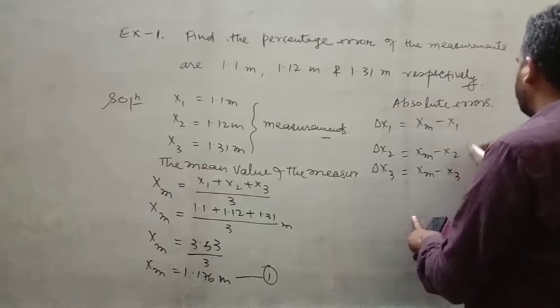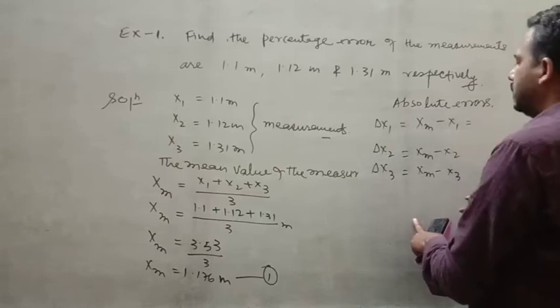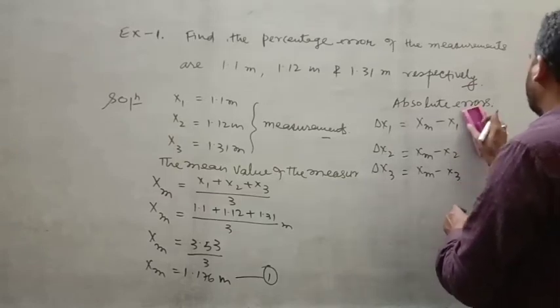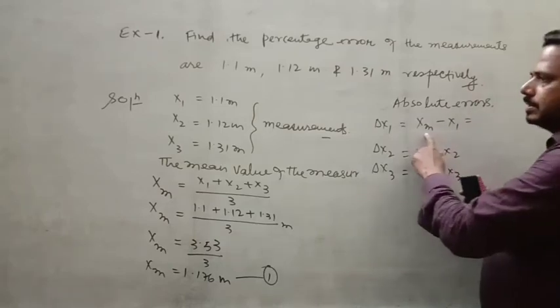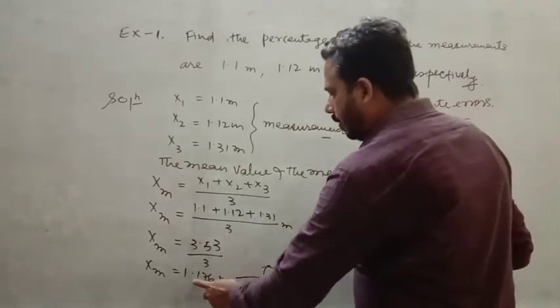Now put the values. Your x mean is 1.176.